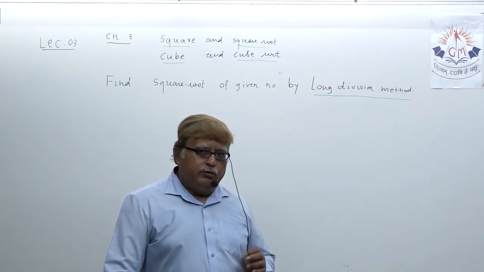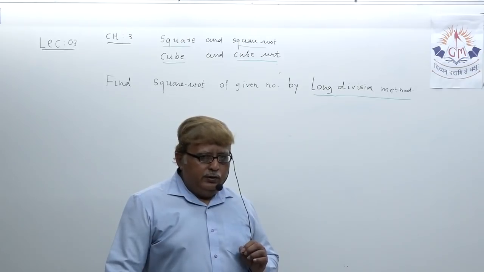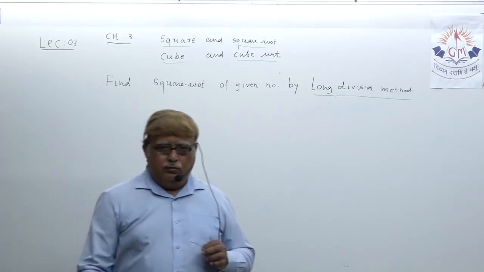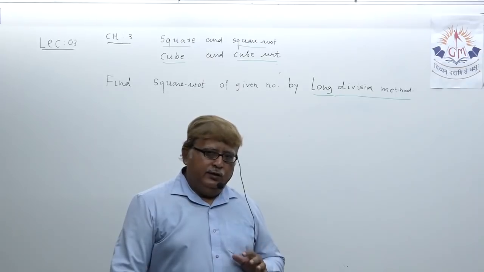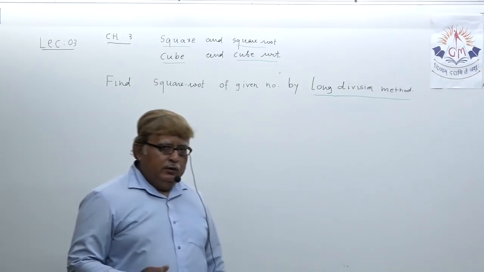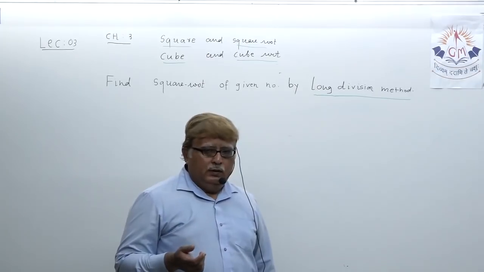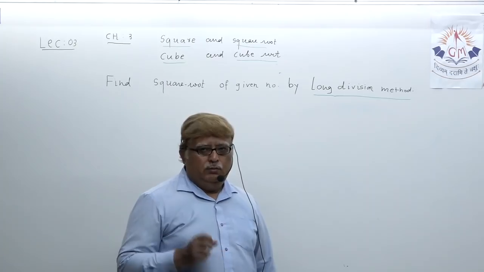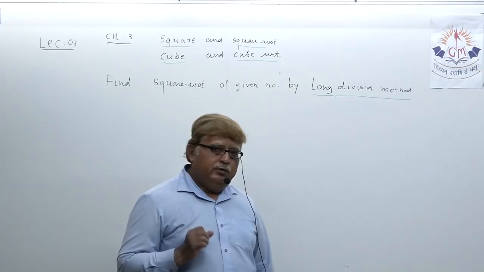I want to start doing some simple example. Why? Because to clear concept in your mind, understand regarding long division method, we may do some example of such type whose square root you already know. But then also I am intentionally doing those sum.